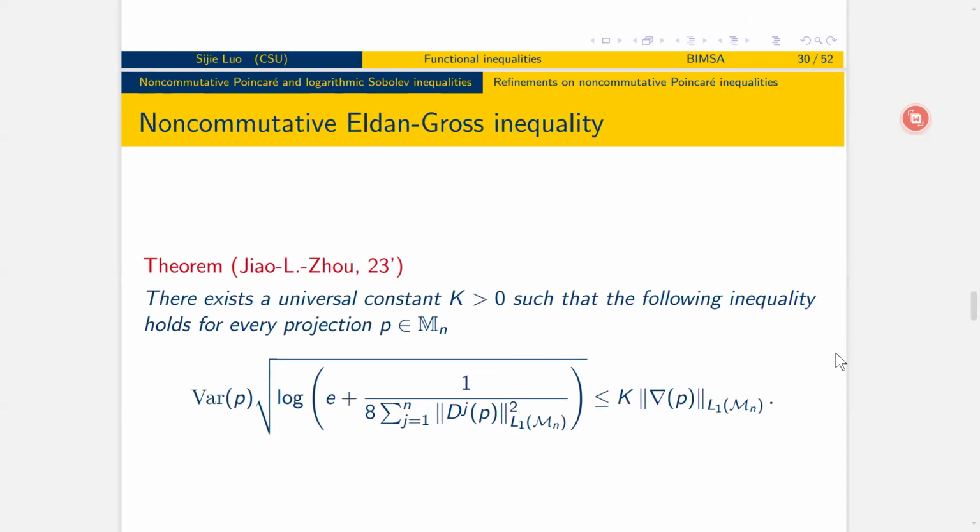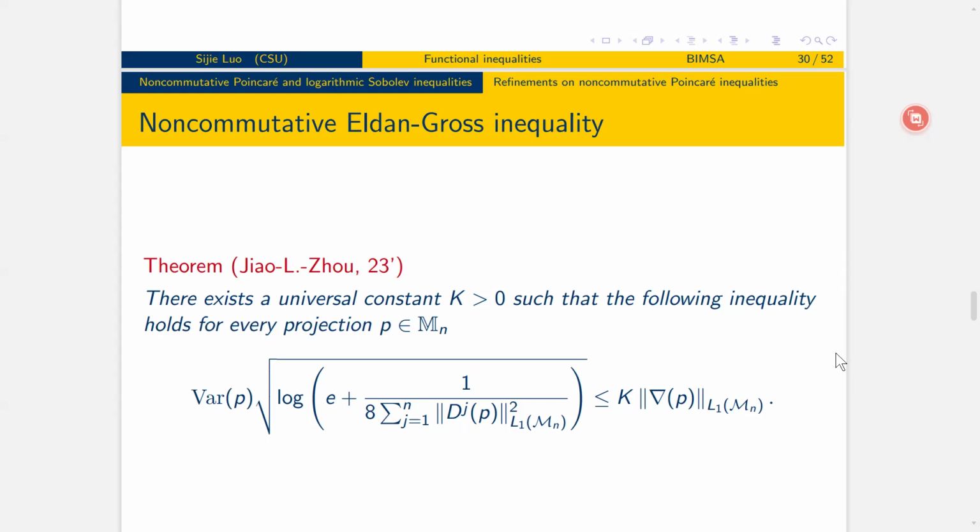And second, unfortunately, we get a result of the Eldan-Gross type, but our proof relies on the semigroup and something like random restriction to get a result very similar to the classical Eldan-Gross inequality. The Eldan-Gross inequality is a formula for a function named the Boolean function, right?